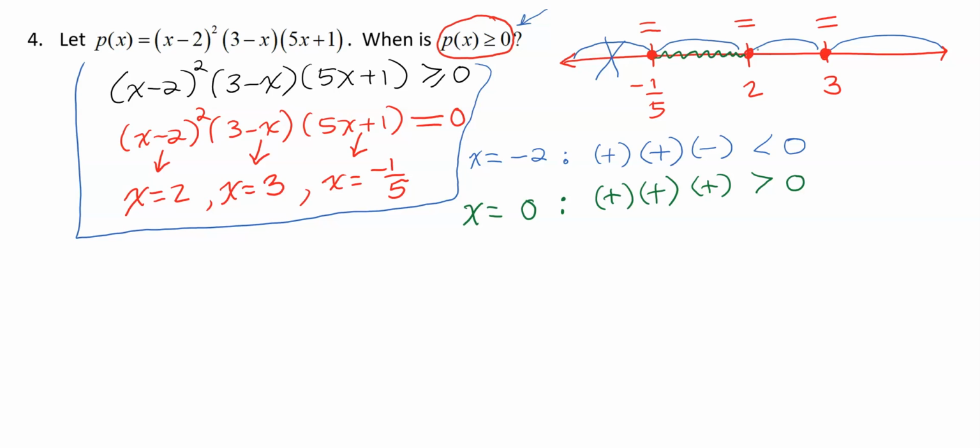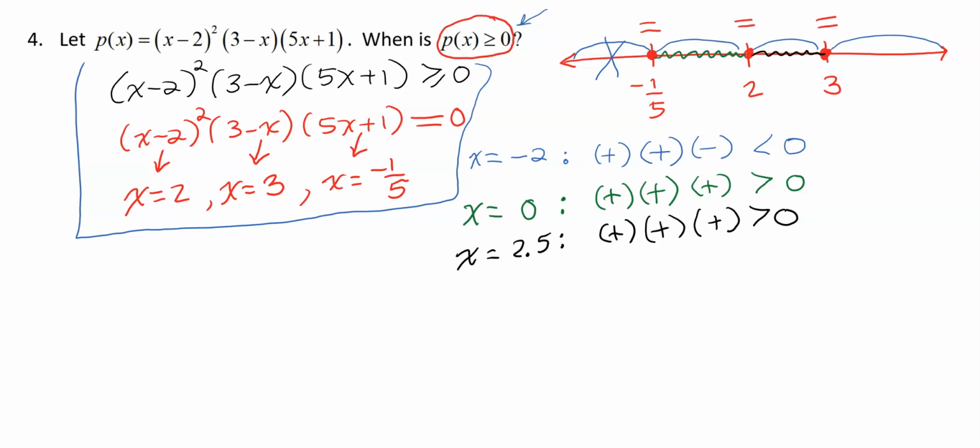Now let's take a look at when x is between 2 and 3, say 2.5. When x is 2.5, 2.5 minus 2 is going to be a positive number. A positive number squared is going to be positive. 3 minus 2.5 is going to be positive. And then 5 times 2.5 plus 1 is going to be positive. So this, again, is going to be greater than 0, so we are good here as well.